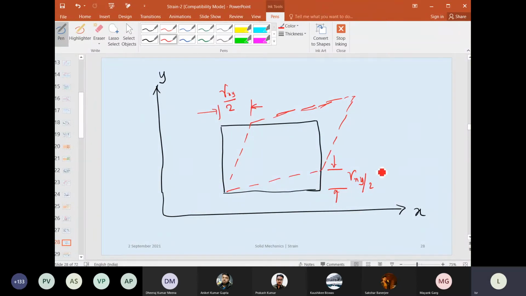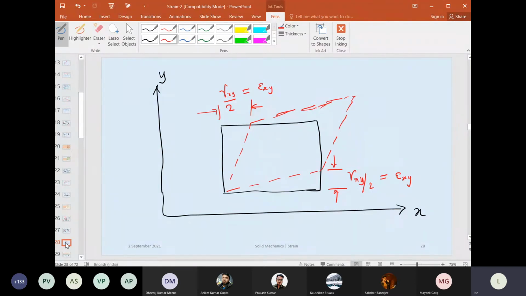This is actually the tensorial shear strain. It is represented by epsilon xy. This is epsilon x. So this is the tensor shear strain.